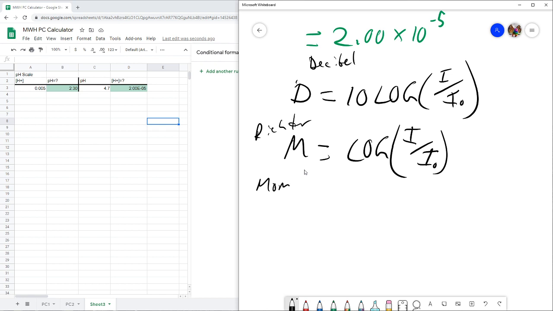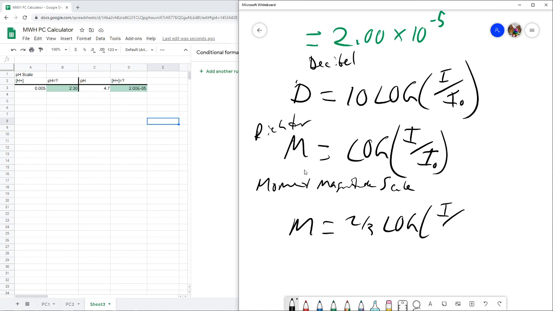We also have the moment magnitude scale, which said that our magnitude of an earthquake was 2/3 log of I over I naught. And well, let's throw the pH scale up here also. So pH was equal to negative log of our molarity.